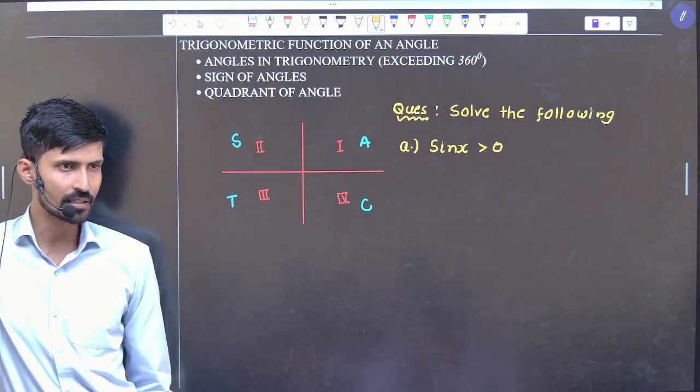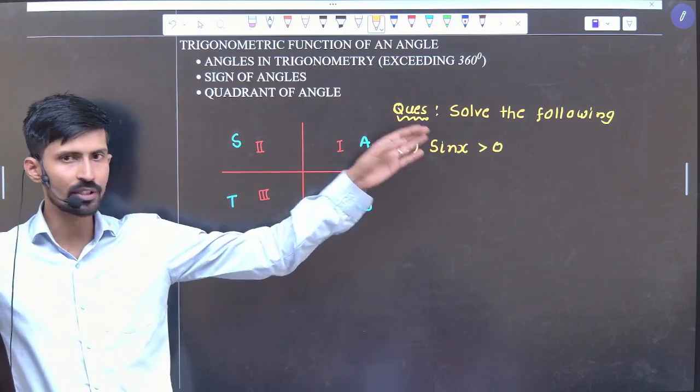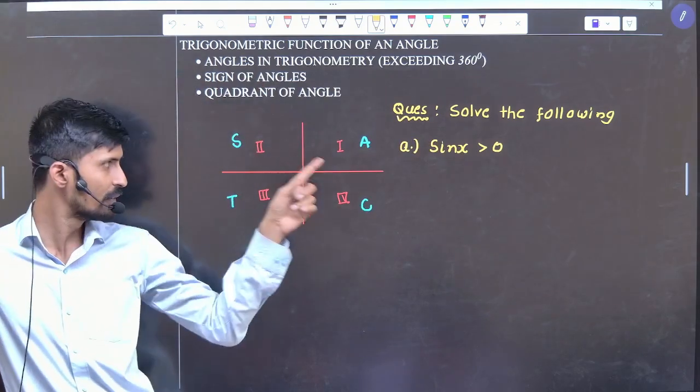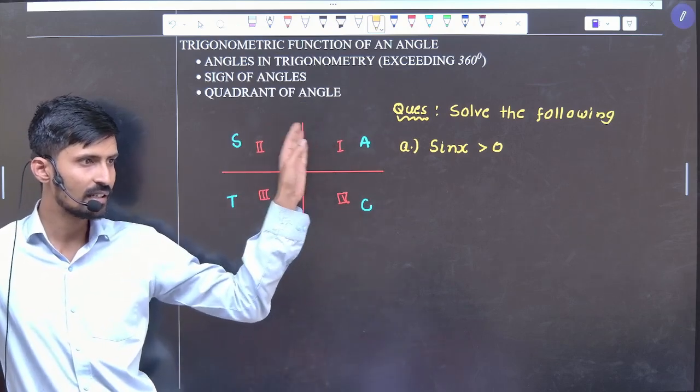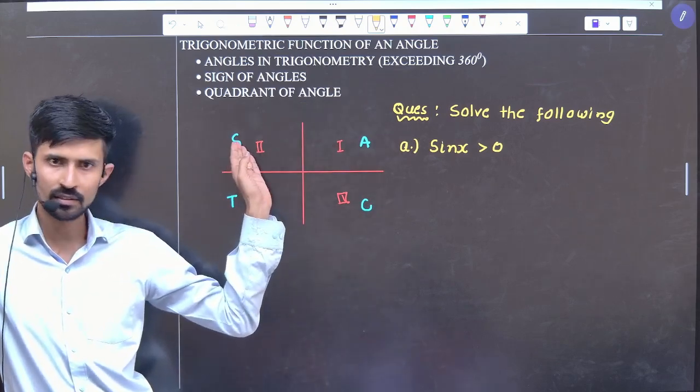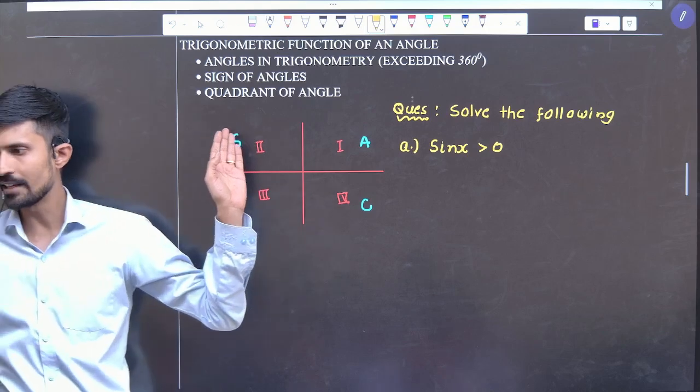What will be x? We want sign to be positive. Greater than 0 means positive. So tell me, where is sign positive here? First quadrant and second quadrant. Yes or no? So how will we write the answer here directly?